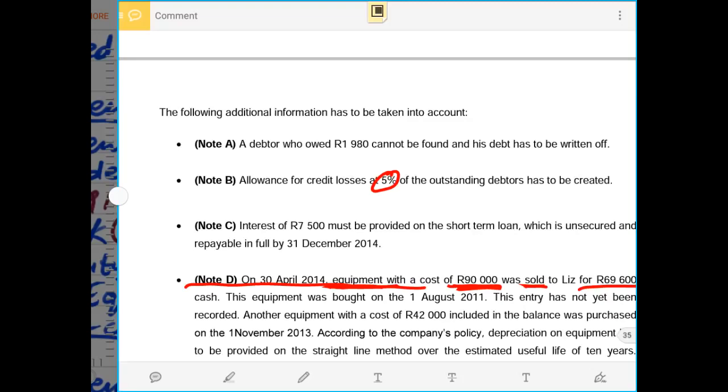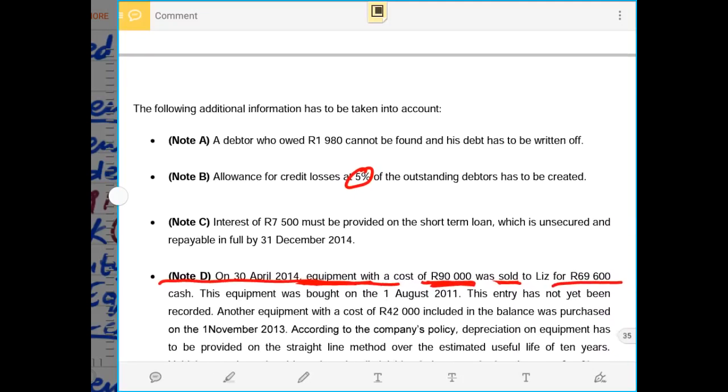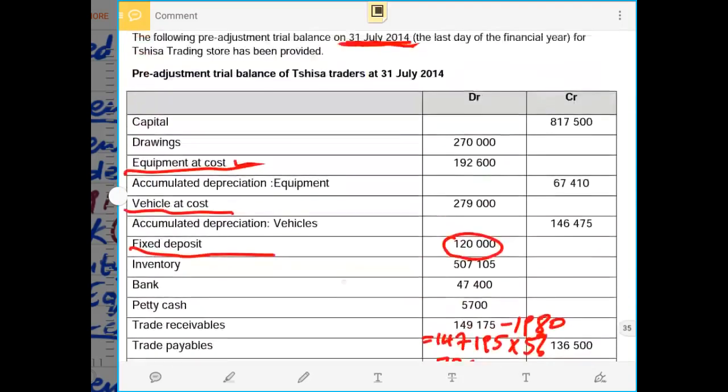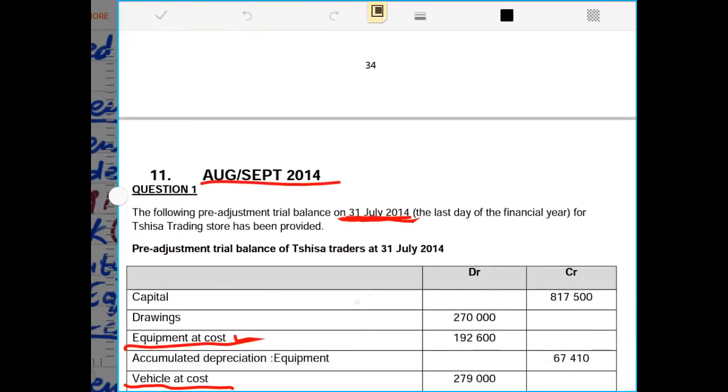Number C says interest of 7,500 must be provided on the short-term loan, which is unsecured and payable in full on the 31st of December 2014. Remember, we are doing the books for the year that ends 31st of July 2014. This is the end of the accounting period. Six months down the line, it will be 31st of December 2014, the end of the normal year.